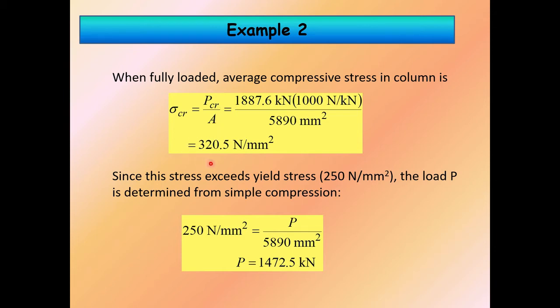This is the critical stress value. Since this stress exceeds the given yield strength of 250, the load is determined from the simple compression formula: 250 equal to P divided by area. The new load equals 1472.5 kilonewton.